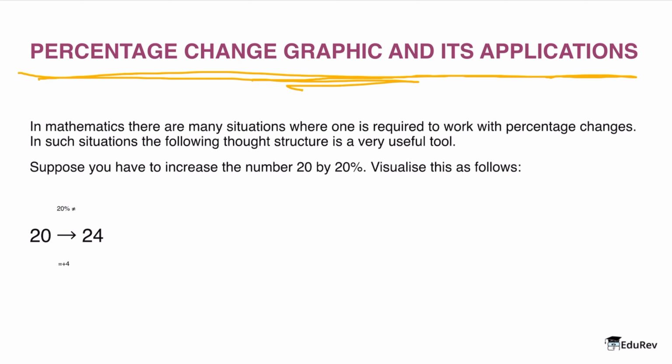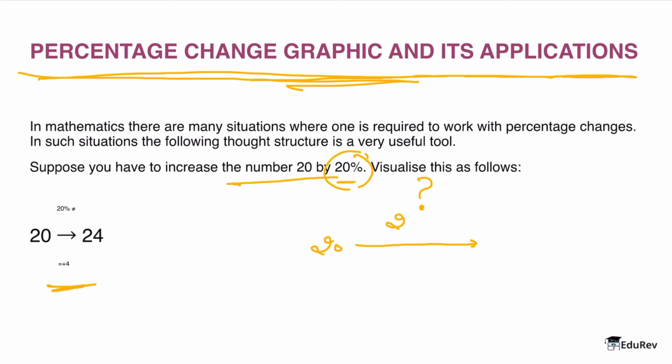Okay, so let's suppose you have to increase the number 20 by 20%. So, how can we visualize this? Okay. Now, a very simple technique by the help of which I can visualize this is this. Now, what this is saying is that there is a number 20 which I need to increase by 20%.